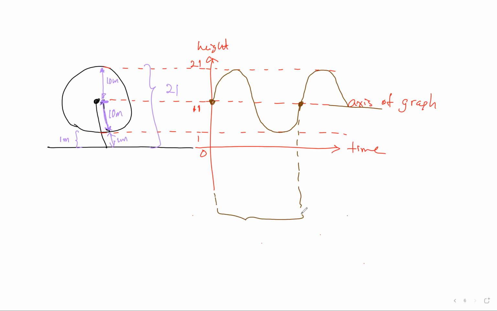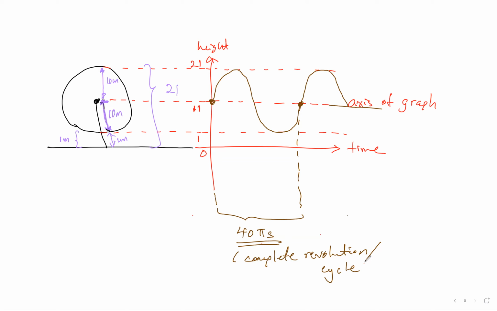This is 40 pi seconds. Why do I say 40 pi seconds? Because it's one complete revolution or one complete cycle. You understand? Because this is a basic concept. So you need to understand the context of the question in order to get the period, the amplitude, and the axis of curve.